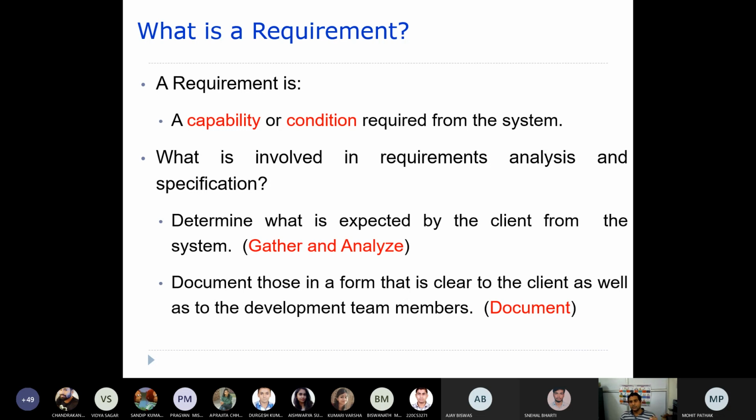I mean, the requirements should be very complete, so some of these requirements should not be missed out. That means you are going to specify the requirements very precisely and accurately, in the form of a document.